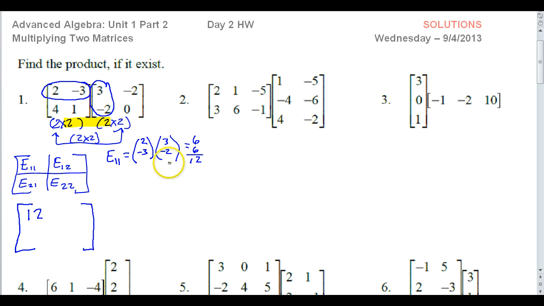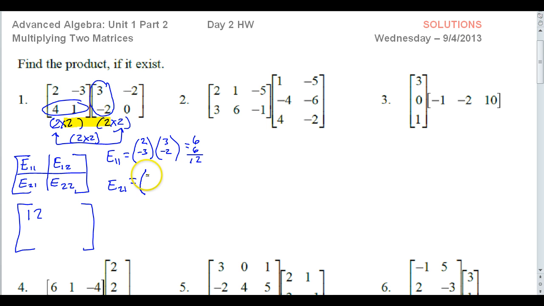Now say if I want to go down and find element 2, 1. That's going to be row 2, column 1. So instead of row 1, now I'm doing row 2 times column 1.